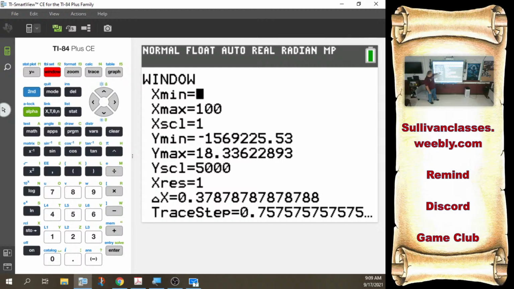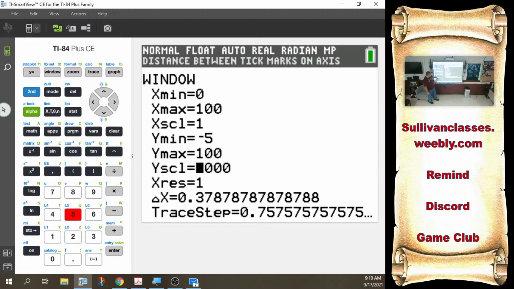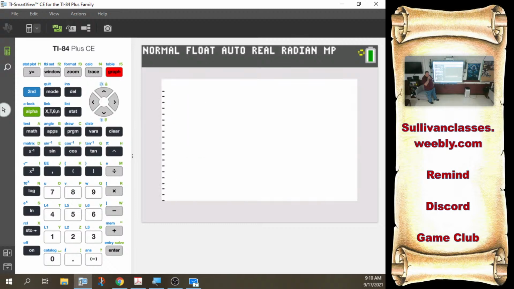So I'm going to change it. Maybe I'll say from -5, just so I can see the x-axis, up to 500? Oh, 100? Okay. Well, it did occur before 100. We got that.